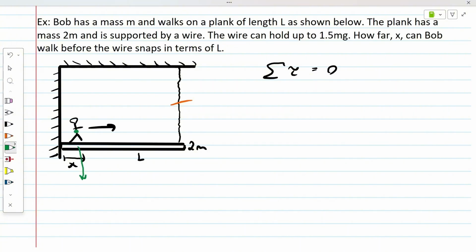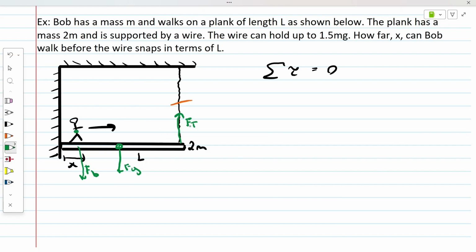So Bob is going to apply a force we'll call FB. Okay. The plank itself is going to have some force Fg, and we can approximate it as the center. It didn't say it, but this should say the plank is of uniform mass. If we want to assume it's right in the center, in most cases we will assume it's in the center. Okay, so those are two different forces pulling down on it. And then obviously we have this force due to tension that's going back up.